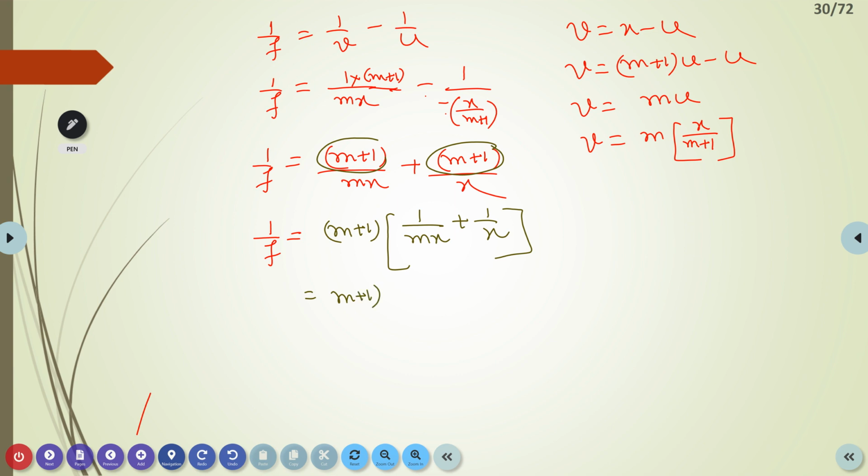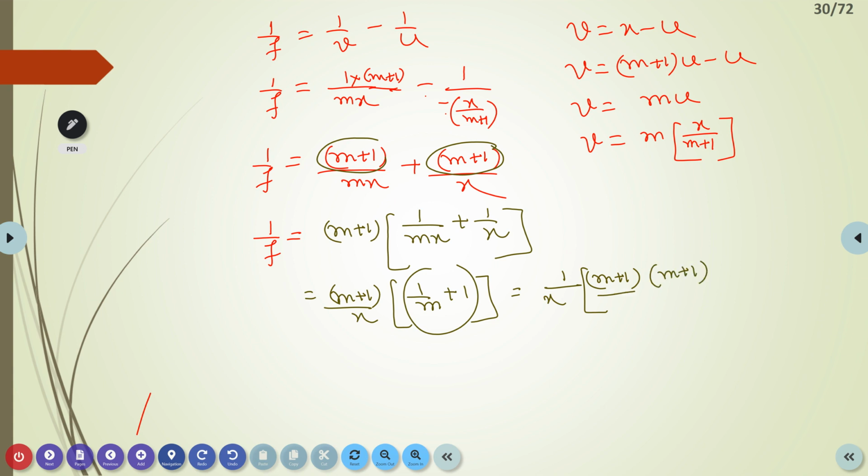It is 1 by M plus 1 here. Then what you are getting? This is equal to 1 divided by X into bracket M plus 1. By solving this, again M plus 1 divided by M you are getting. So the final answer is 1 by F equal to M plus 1 whole square divided by M into X.